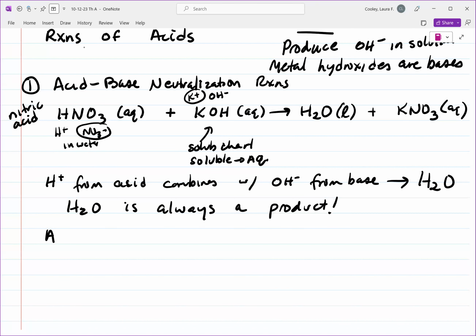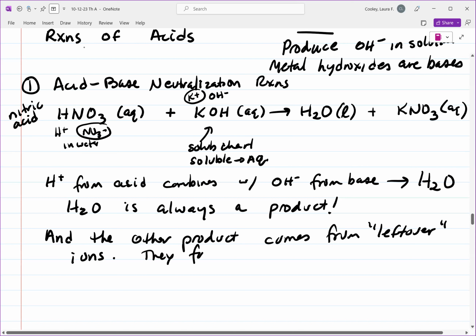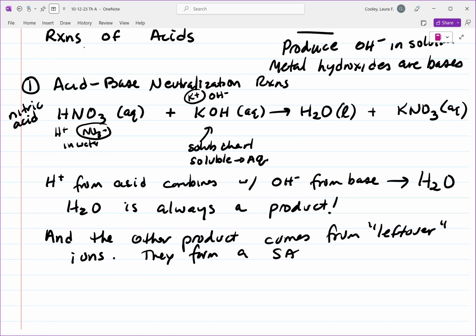And the other product comes from the leftover ions. Here we have K plus and NO3 minus. They form a salt. This is called a salt.